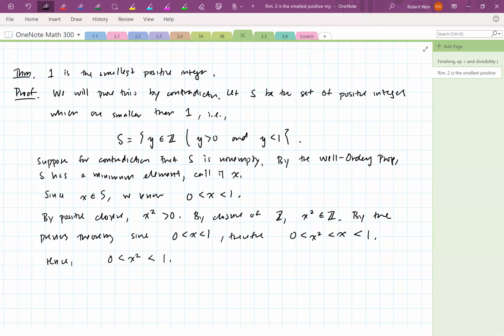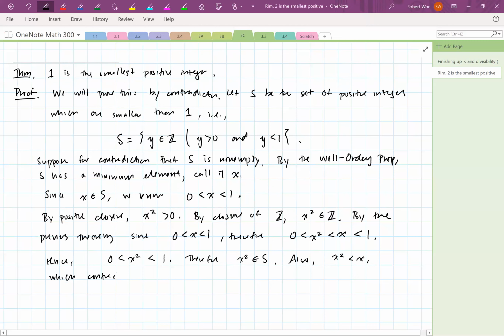Now, x squared is an integer that's between 0 and 1. Therefore, x squared is in S, but also x squared is less than x, which contradicts that x was the smallest element of S. This contradicts the minimality of x in S. Right?